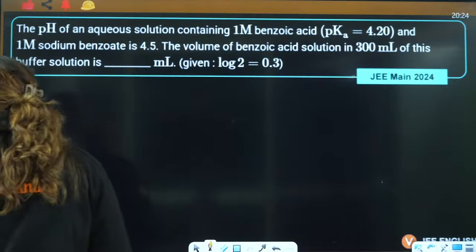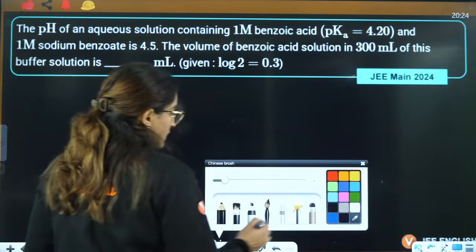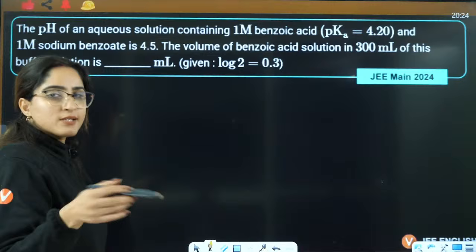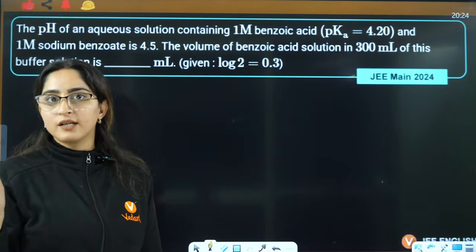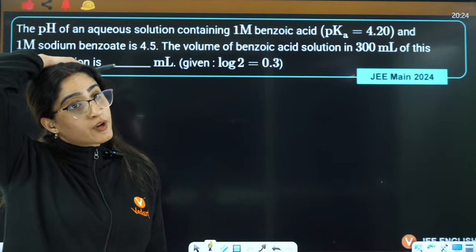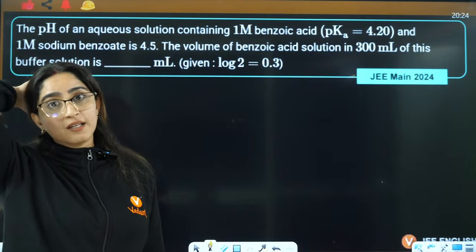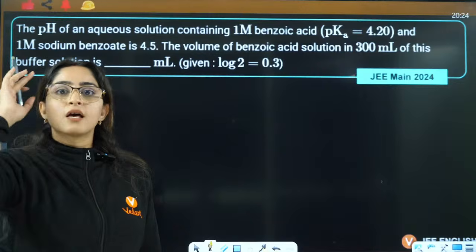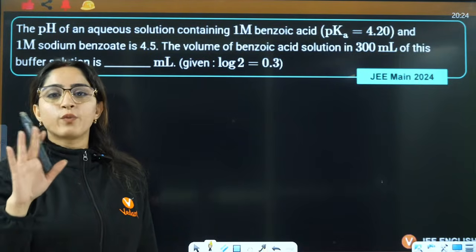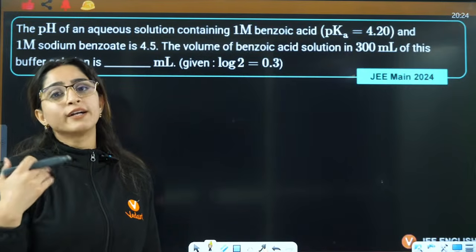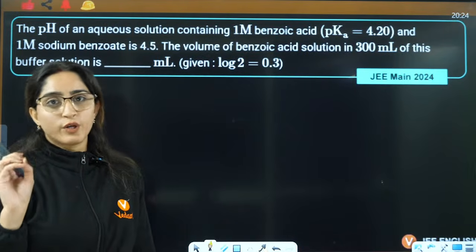Okay, ma'am, if you're in class 12th, your basics are clear and you're preparing for JEE Mains 2026, right? Then at this point you can do JEE Advanced, but 40 days before you should focus only on JEE Mains.